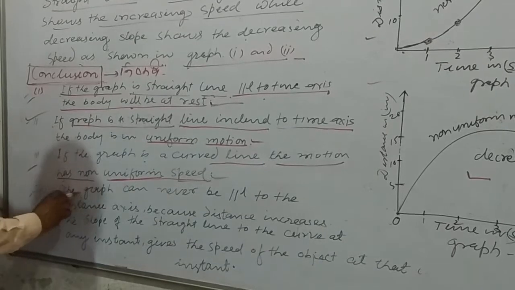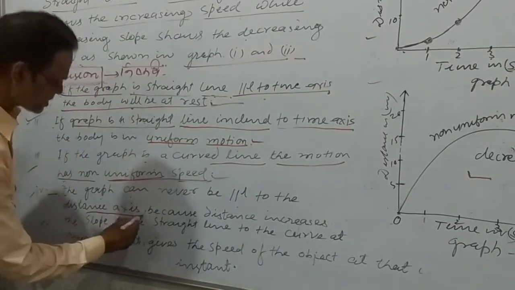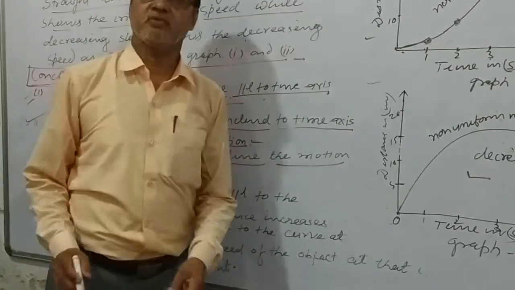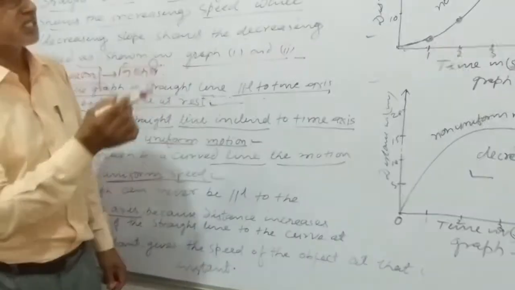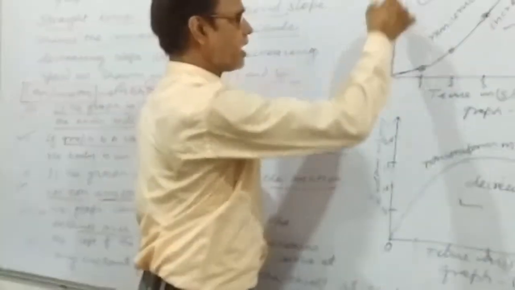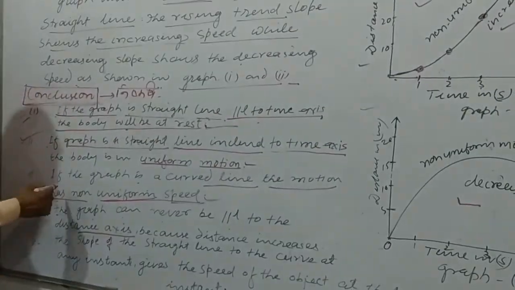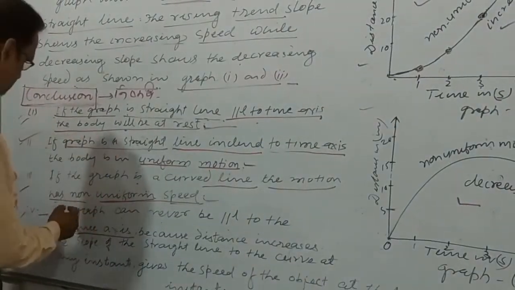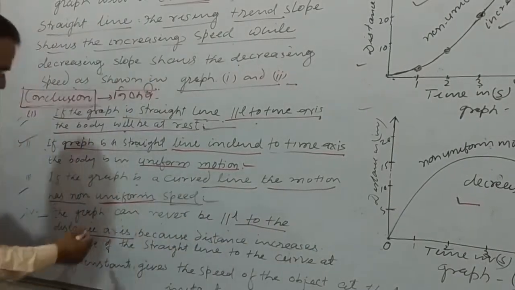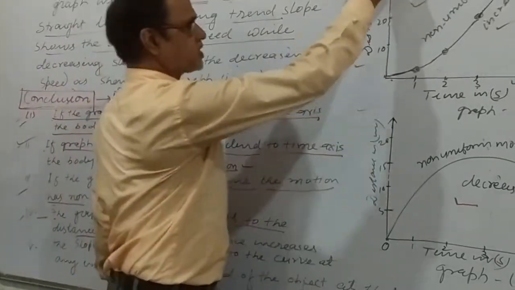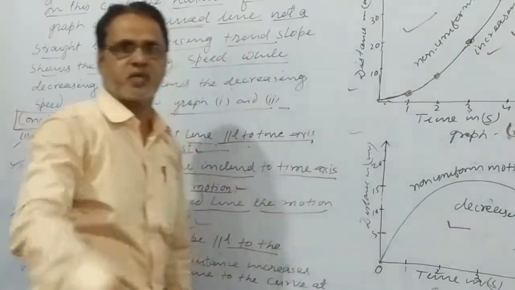एंड फोर्थ कंक्लूजन, फोर्थ क्या है? द ग्राफ कैन नेवर बी पैरेलल टू द डिस्टेंस एक्सिस, ओके, the graph can never be parallel to the distance axis, understanding? distance axis के parallel कभी भी नहीं graph होता है, time और distance, okay? ये आपका distance है, ये time है, तो distance के parallel में कभी भी नहीं होता है graph, okay?